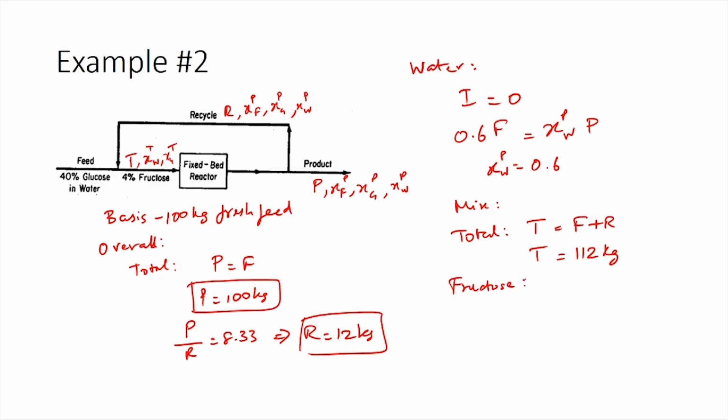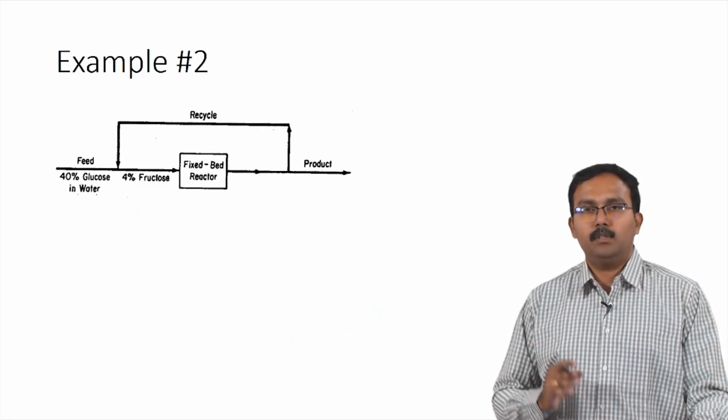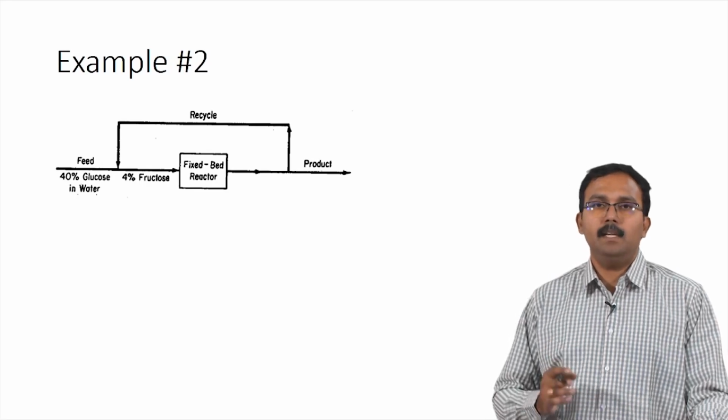The fructose balance for the mixing point would again be input equals output, and input fructose is 12 times XFP and output fructose is 0.04 times 112. So, this means XFP is equal to 0.373.